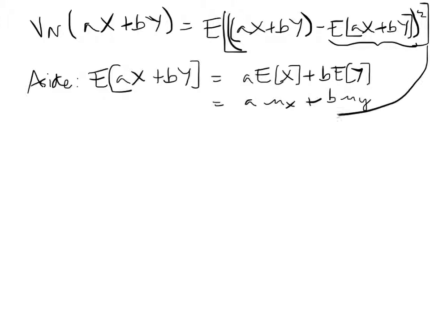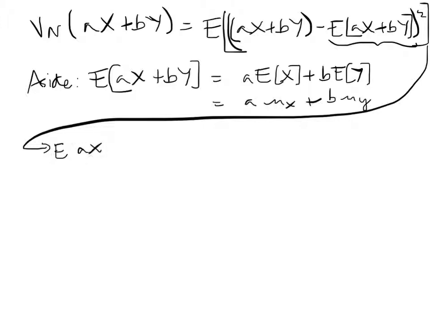Okay, now continuing from where we left off, this is equal to expectation of ax plus by, that quantity, minus a mu x plus b mu y. That whole deviation needs to be squared, and we take the expectation of it.